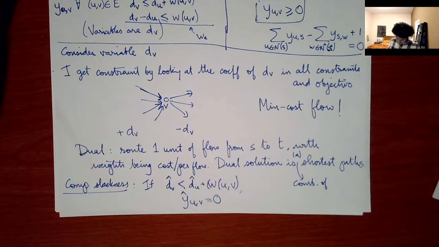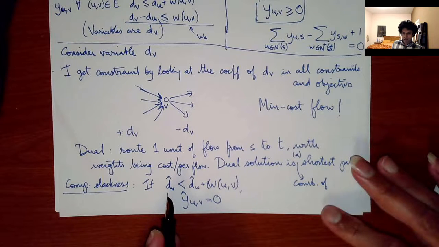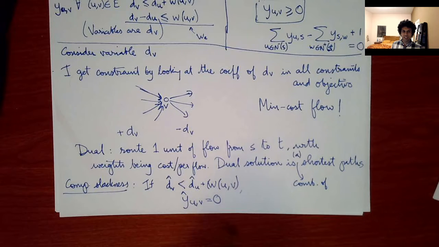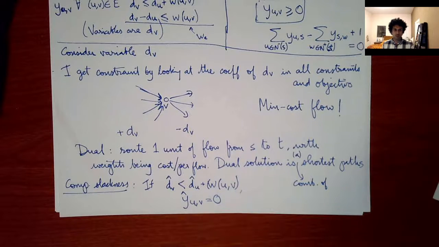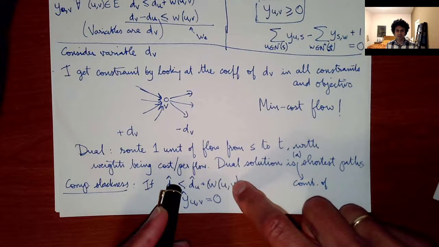All right, if d_V is strictly less than d_U plus w_uv, then the edge uv cannot be on a shortest path, because the definition of a shortest path is that this constraint has to be tight.